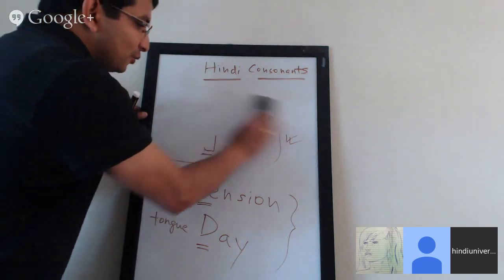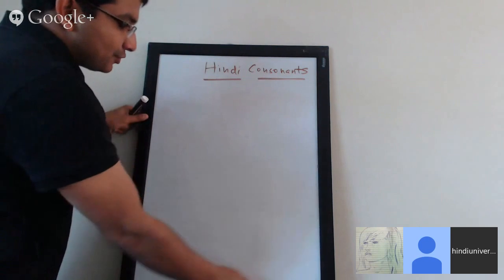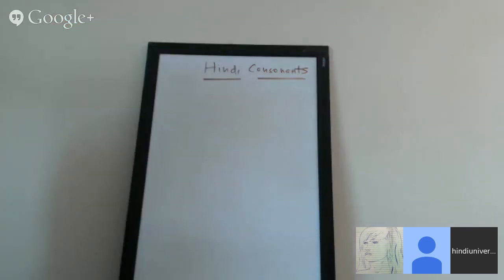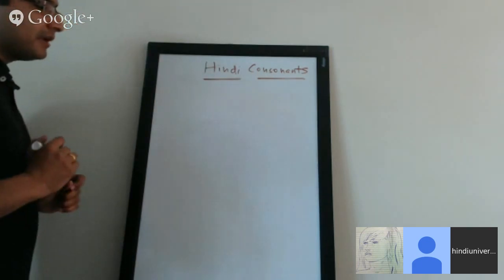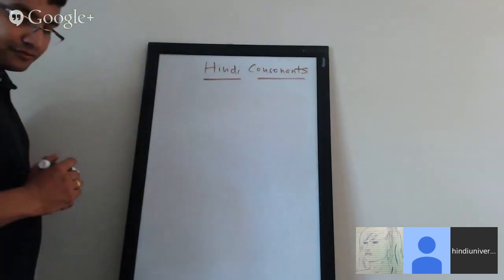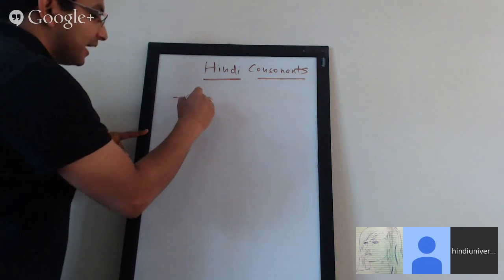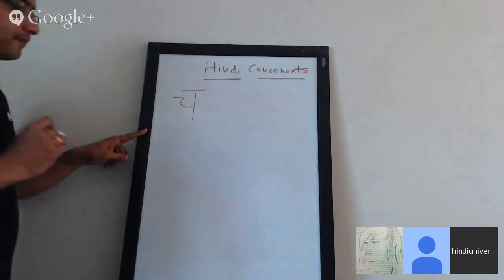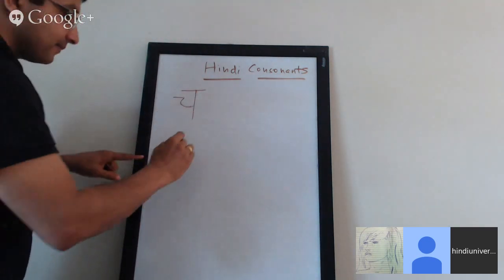Now we'll get into what are the known palatals in the Hindi language. There are five palatals in Hindi. I'll first write them all down on the whiteboard, and then we'll get into the specifics of each of them. The first one is, we write it like this, ch, and we'll go into each of them.